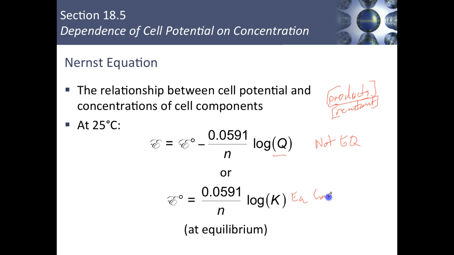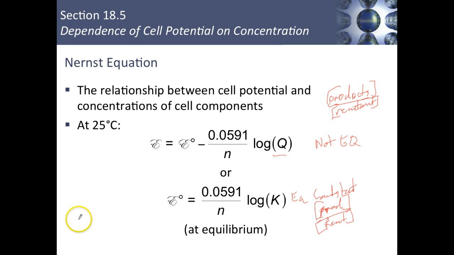I just realized I spelled constant horribly wrong. Please forgive me. The equilibrium constant is the exact same thing as we looked at for Q, except we have reached the point of equilibrium. So we're still going to do concentration of products over reactants, and place everything in there just as normal.